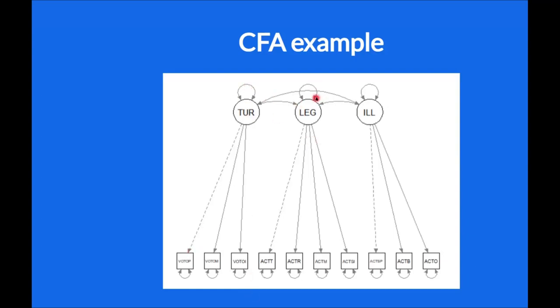This is legal activist participation, based on 4 indicators. And this is illegal activist participation, based on 3 indicators. This is the hypothetical model that I will test using some data.